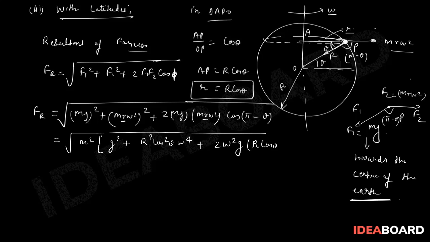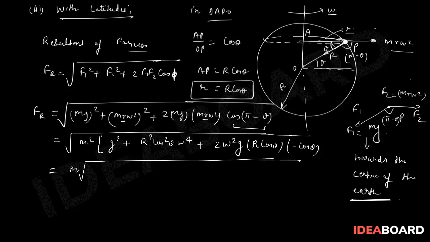This is r cos theta, and you know that cos of pi minus theta, obviously in the second quadrant, means minus cos theta, correct? So this will be equal to m, which can be written outside, under root of g square plus r square cos square theta omega to the power 4 minus 2 g r omega square into cos square theta.